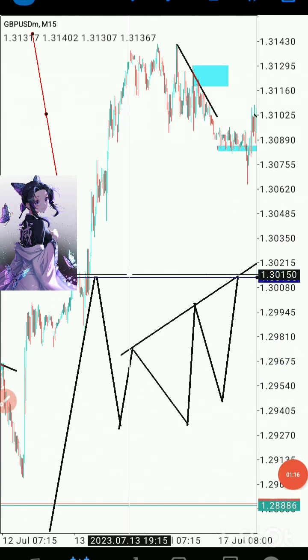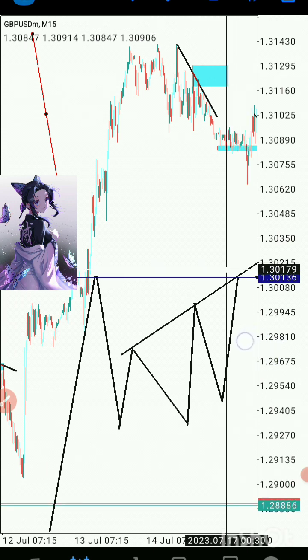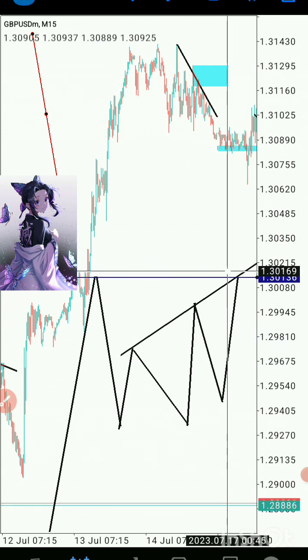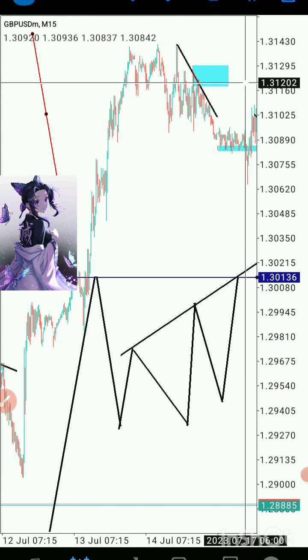Okay guys, so when price returns to the trend line and touches it for the third time, you don't just sell. If you just sell blindly, price is going to go the opposite way. So what do you need to use as a confirmation for your entry?